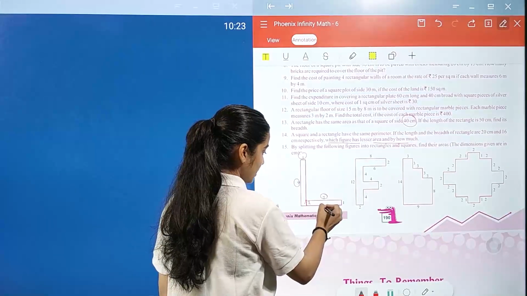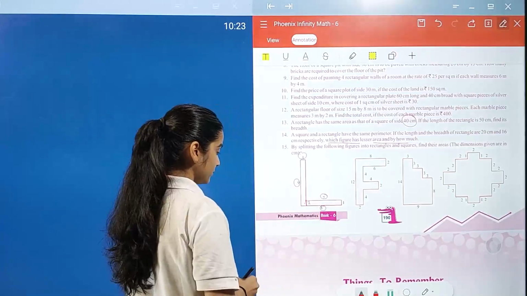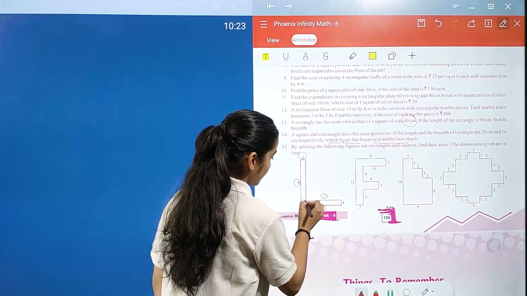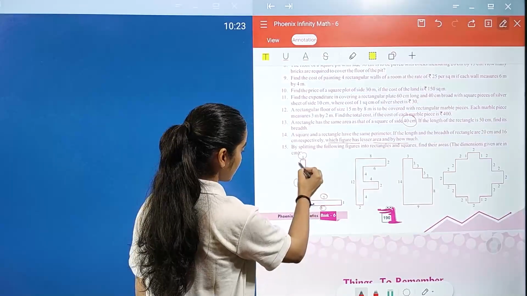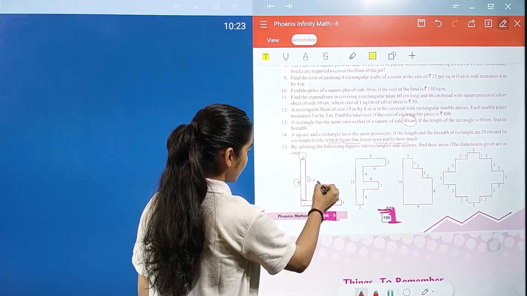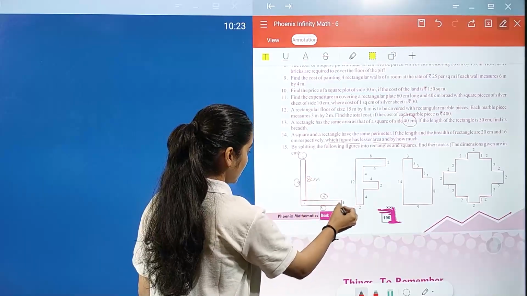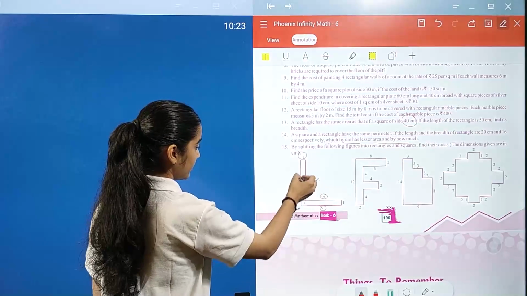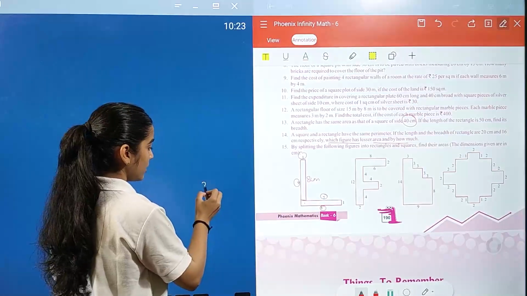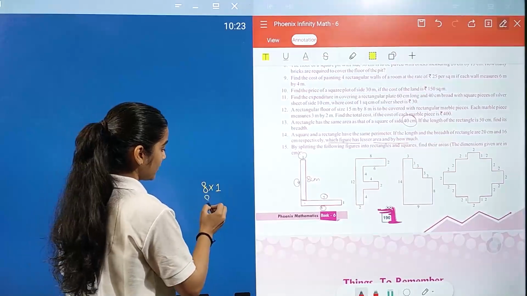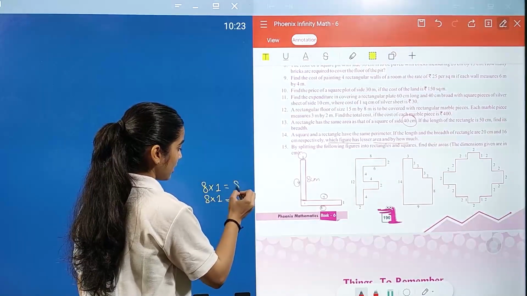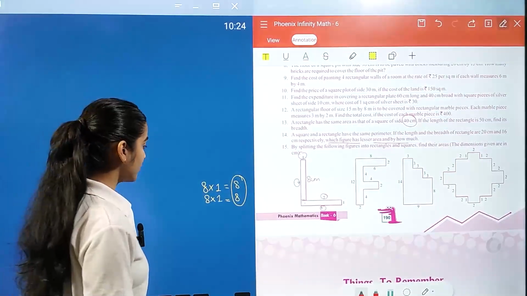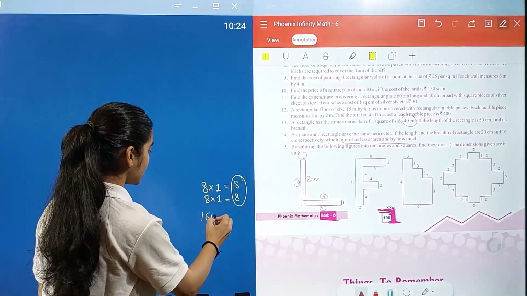Okay, if this is 1 centimeter, then this length would be 8 centimeter. So here 8 multiplied by 1 and 8 multiplied by 1. You just add them together and you will get your answer, which is 16 centimeter square.